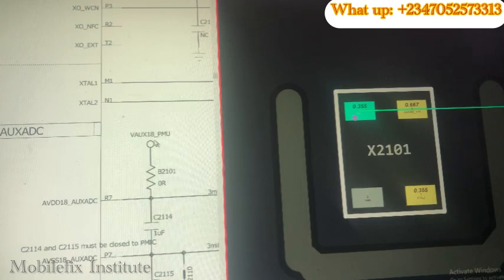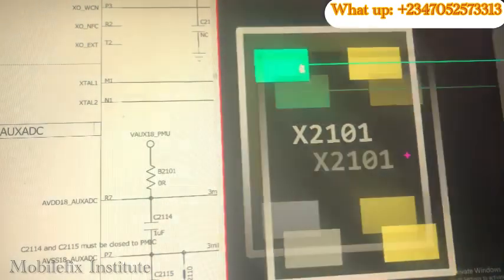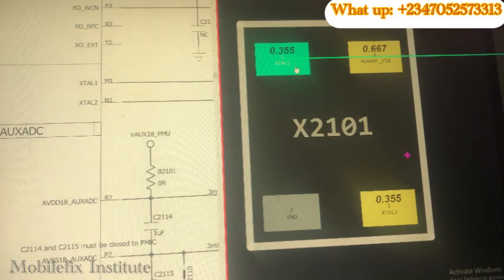Now you get 1.8 volts from our power IC. Now this number one, this 1.8 volts, there is a resistor connected on this line, a 0 ohm resistor.